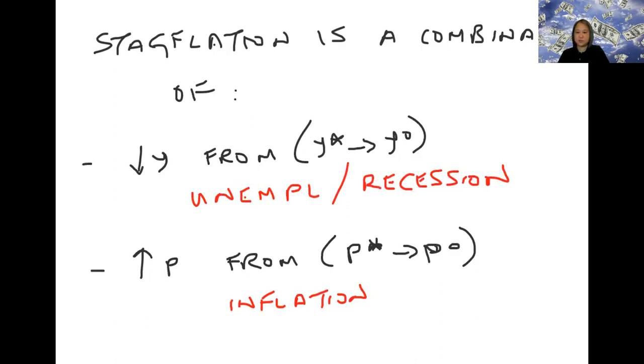So stagflation is a combination of unemployment or recession and inflation happening at the same time.